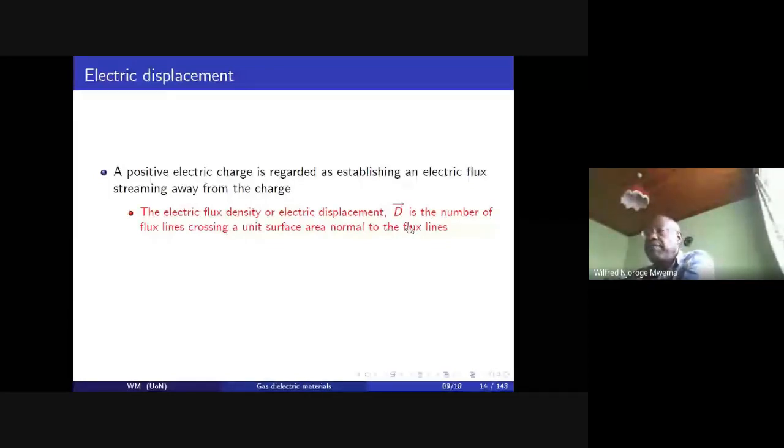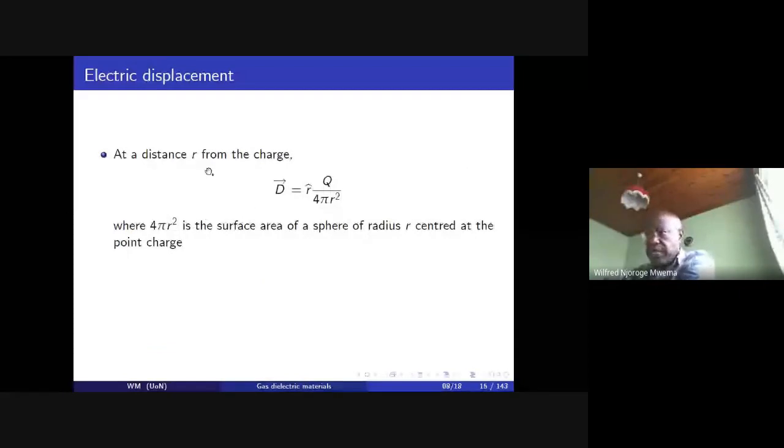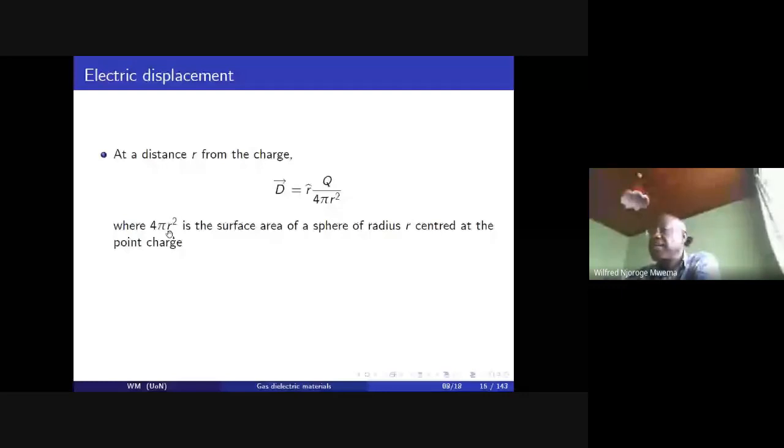And therefore, for a point charge, it will be spherical about the point charge, defined as r cap Q over 4 pi r squared, where 4 pi r squared is the surface area of the sphere with a radius r centered at the point charge. And therefore, we can see immediately that the electric displacement D is simply epsilon times E.